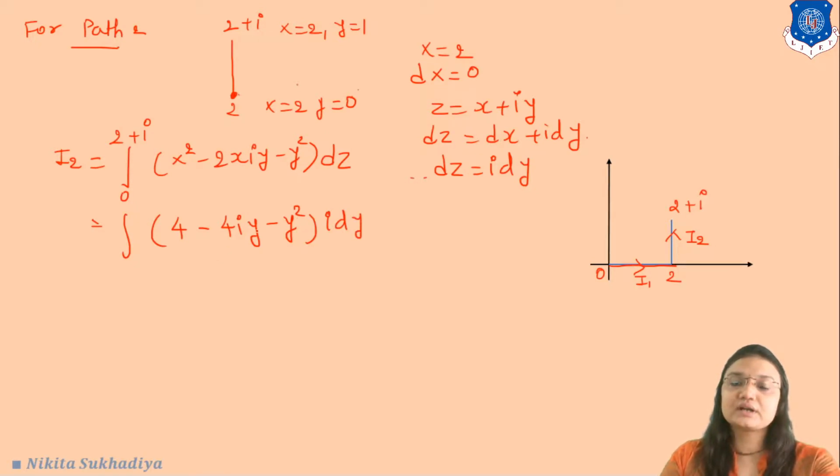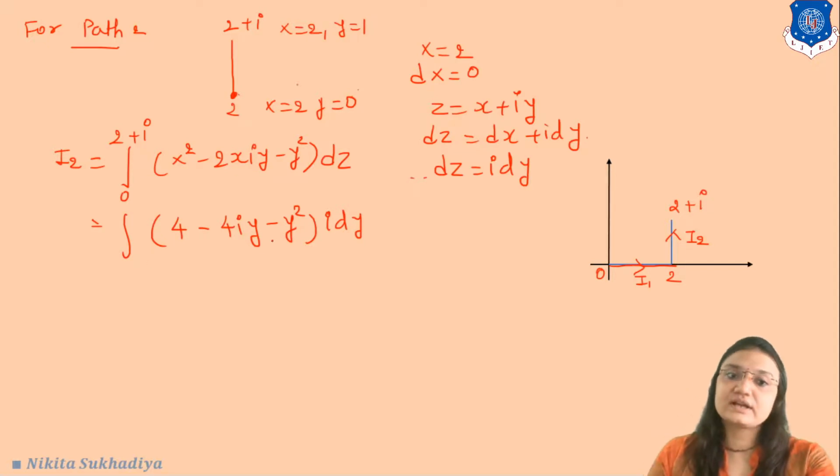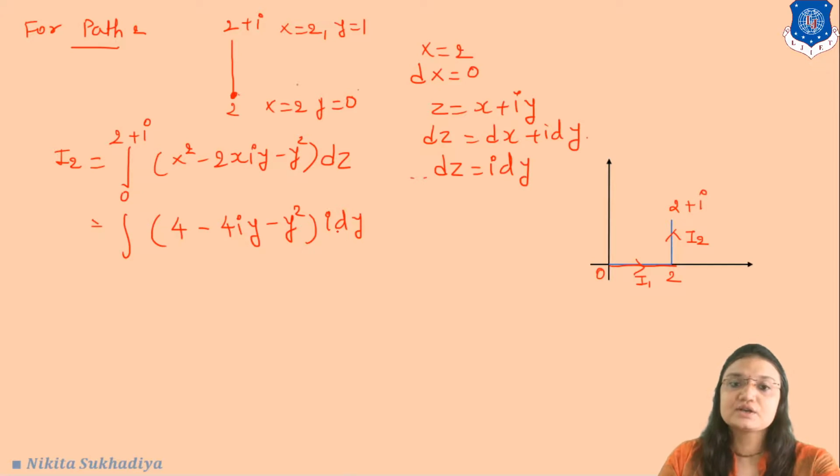Now you can clearly see that this is a function of y only, so we will get an equation in y only. The limit of y is 0 to 1 in part 2. Now integrate with respect to y, taking i common.